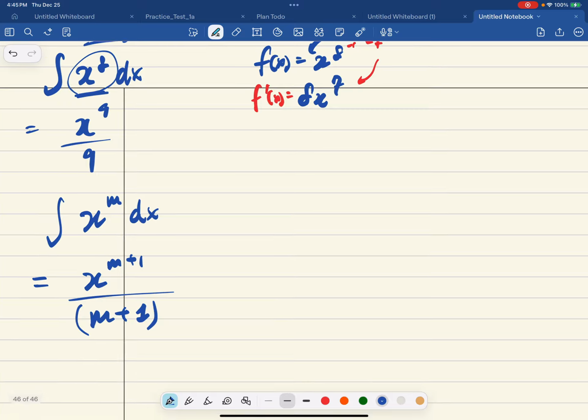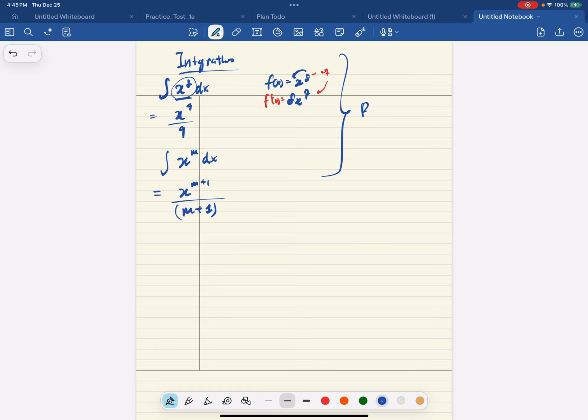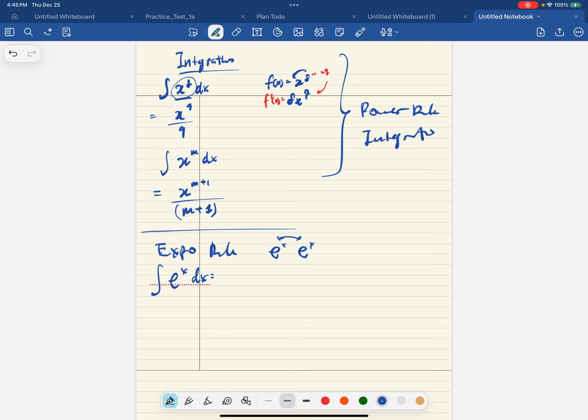Then the exponent rule is, there's only one. I mean, there's two actually. If it is e to the x, I told you already in the second capsule, but e to the x, deriving or integrating, going back and forth, will always give e to the x, and that is because ln of e is equal to 1.